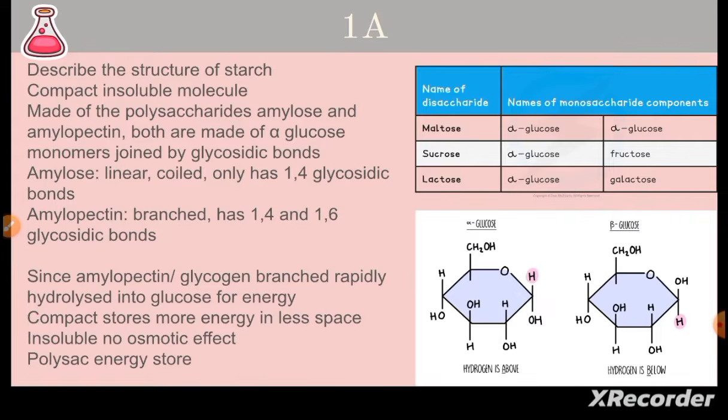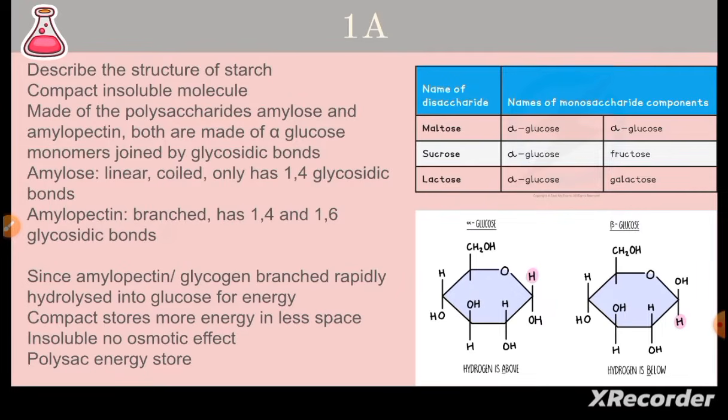Basically, they are both alpha glucose monomers, and they are both joined by glycosidic bonds. They both have 1,4 glycosidic bonds. A 1,4 glycosidic bond means that the first carbon is joined to the fourth carbon on the second alpha glucose.